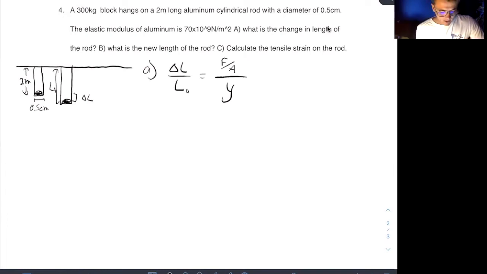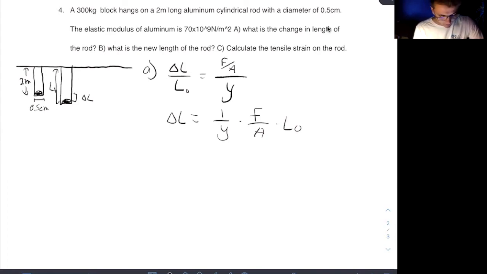Now I'm going to solve for the change in length. So change in length equals, and I'm going to write this as 1 over Y times F over A times L, because it looks prettier. Cool. So we have this equation. Now all we do is plug in our values.